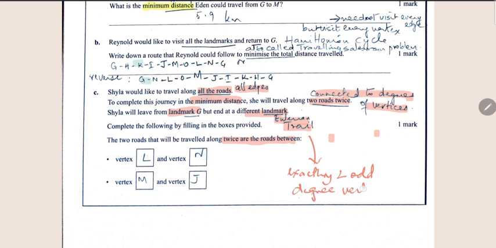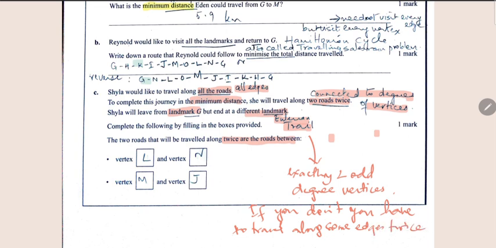If you don't, you have to travel along some edges twice. And the way to do it is to look for vertices with odd degrees in them, okay?